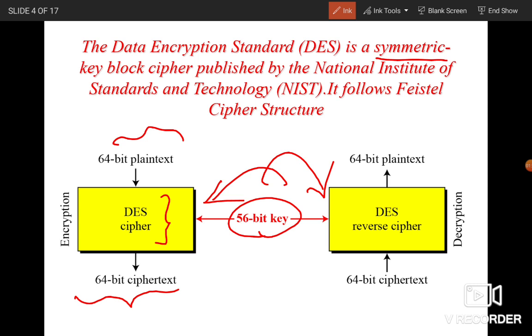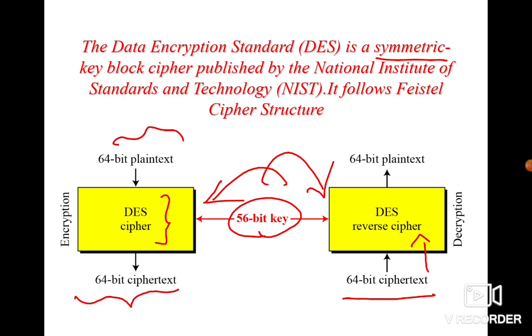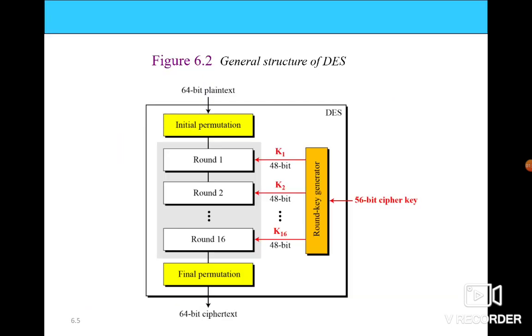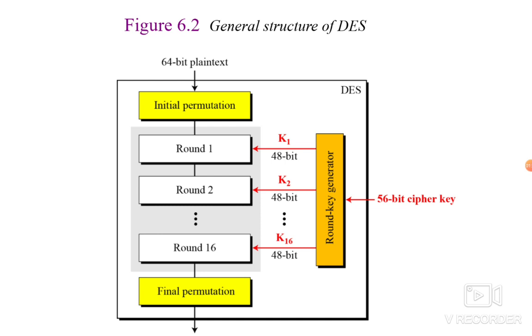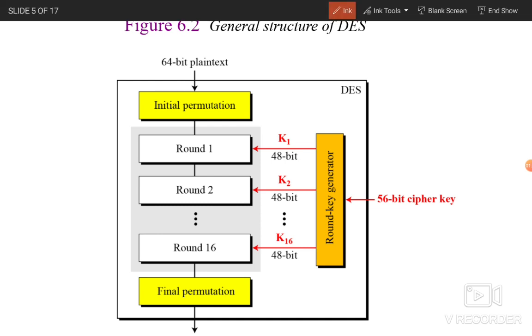It is transmitted through the communication channel. At the receiver end we have the ciphertext. We apply the DES reverse cipher using the same key, and thus we recover the original plain text. So this is the general structure of the DES algorithm.